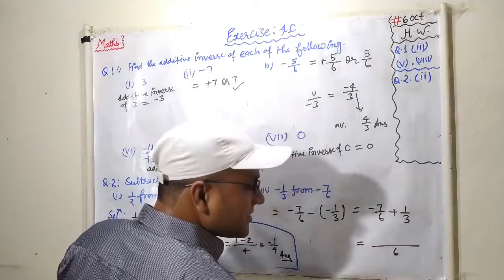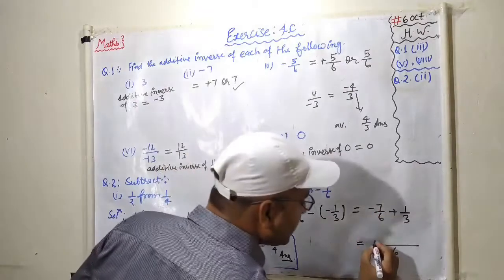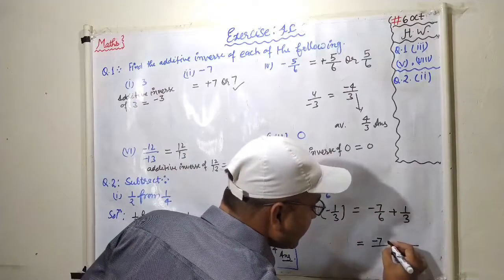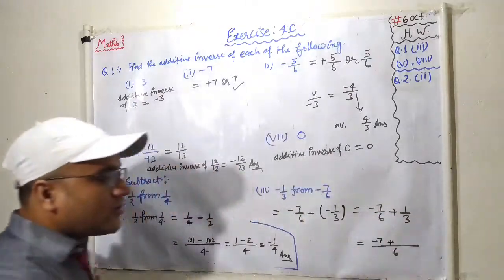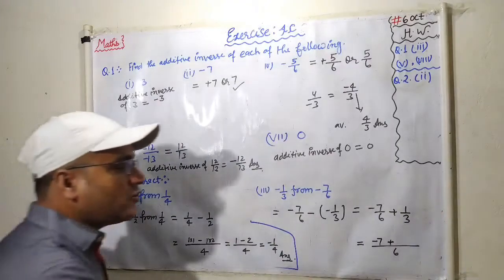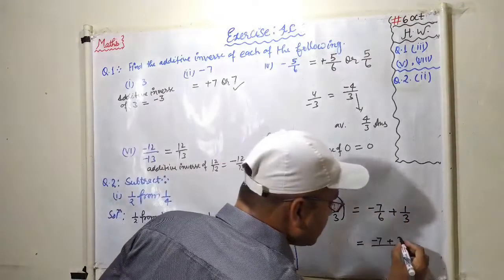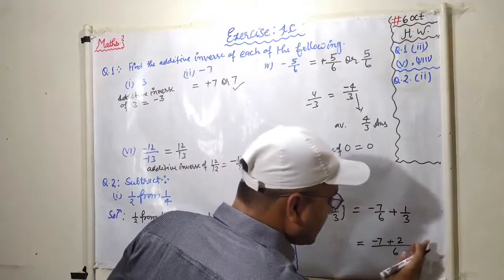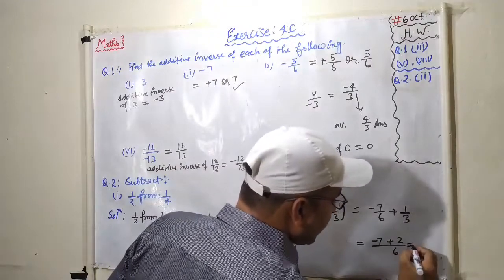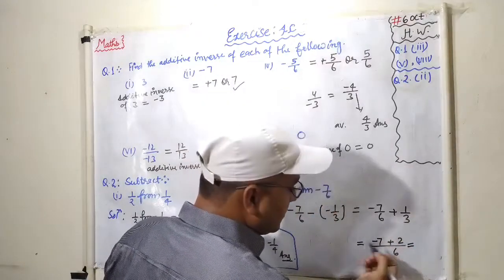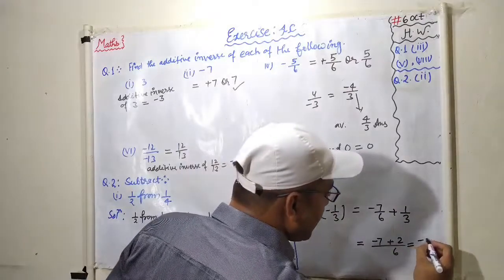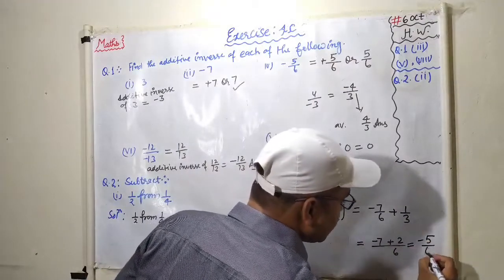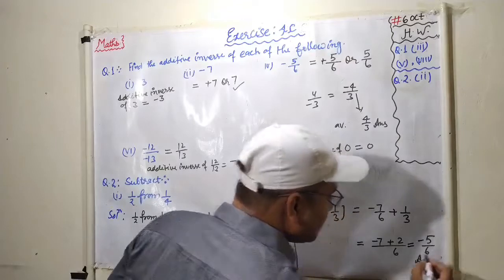By 6 you divide 6, you get 1, and 1 is multiplied into 7, you get 7, and then plus. By 3 if you divide 6, you get 2, and 2 is multiplied into 1, you get 2. One is a minus, the other is a plus, so you subtract, you get minus 5 upon 6. That is your answer for this case.